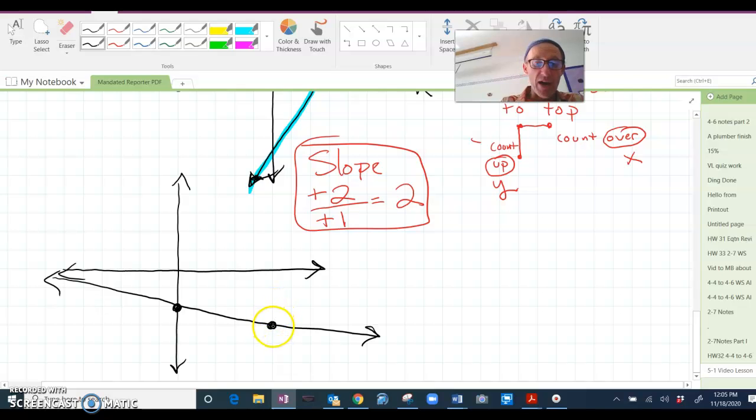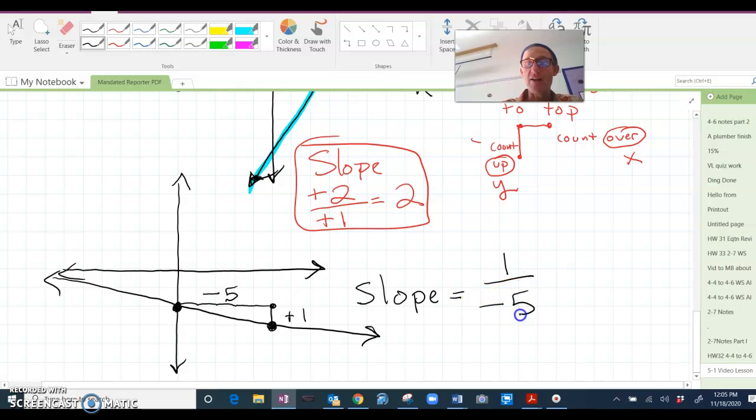And I'm going to go from the bottom point to the top point, and I'm going to count up +1, and then I'm going to count over 1, 2, 3, 4, 5, -5. So the slope is equal to +1 over -5. That's the answer.